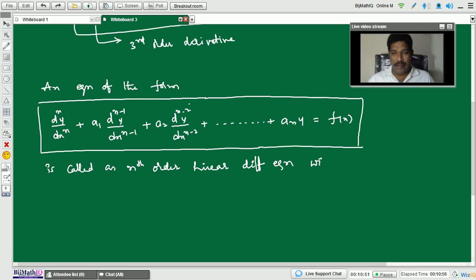equation, with coefficients a1, a2, a3, and so on up to an, which are constant coefficients.